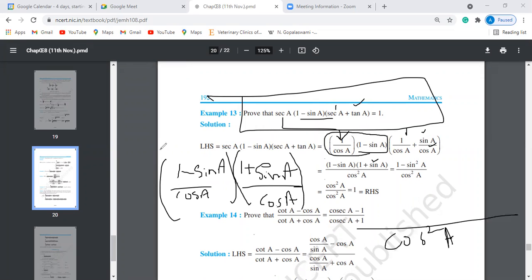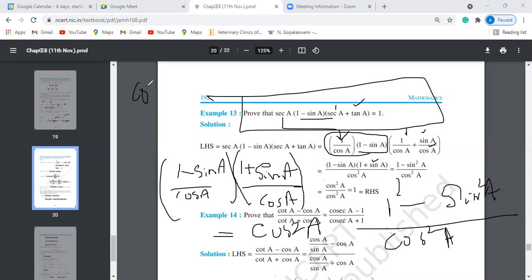Look into the top. See, one is a minus b and the other is a plus b form, right? So you can see (1 minus sine a) into (1 plus sine a). That's why I said you should remember this formula, a square minus b square. So you can write it as 1 square minus sine square a. So 1 minus sine square a is nothing but cos square a. Why?